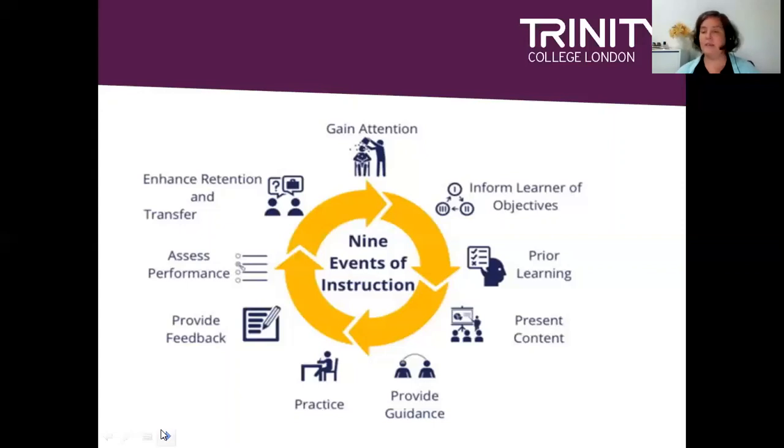After the presentation of the new, in relation to the learning objectives and presented in a context, now of course students need to practice.